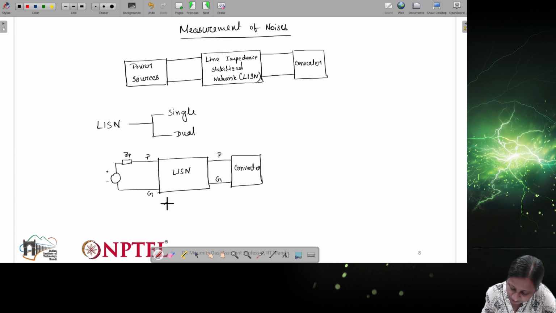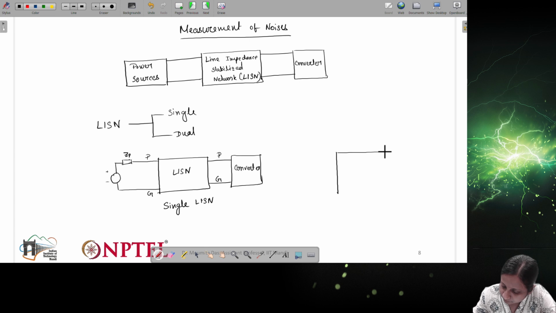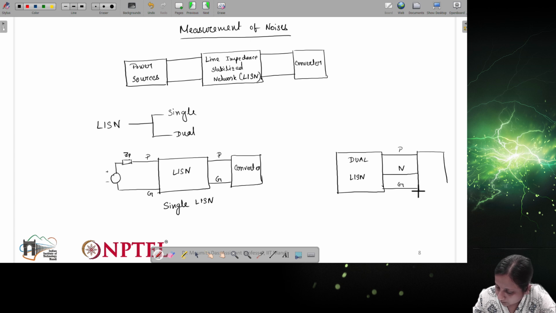So this is single LISN. If it is dual LISN, then there will be positive, there will be negative, there will be ground, and then it will be connected to the converter.